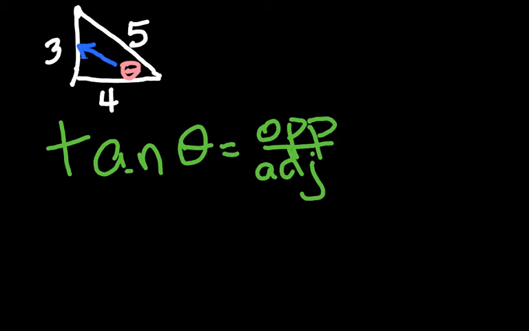So the opposite is 3. And adjacent is the side that touches but is not the hypotenuse. So what's that? So the tangent of theta is 3 over 4. Copy it down. Even the triangle.